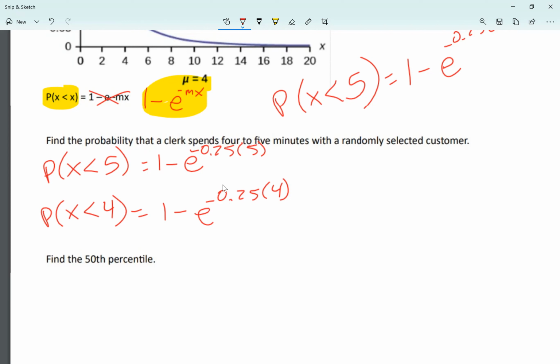Okay, well, let me figure it out. Let me actually do these. I'm going to use my calculator. I'm not going to show you guys on the screen, but we can use decimals for this. For the first one, 5 minutes or less, let me write this as 0.713495.